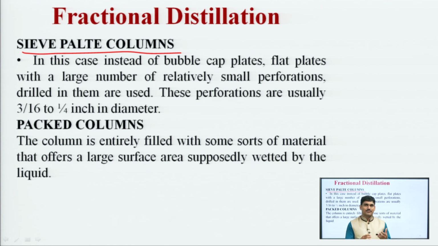In the previous case, we were using bubble cap plates. In this case, flat plates are used, and on top of this flat plate there are small holes or perforations drilled in them. The diameter of these perforations is 3/16 to 1/4 inch.